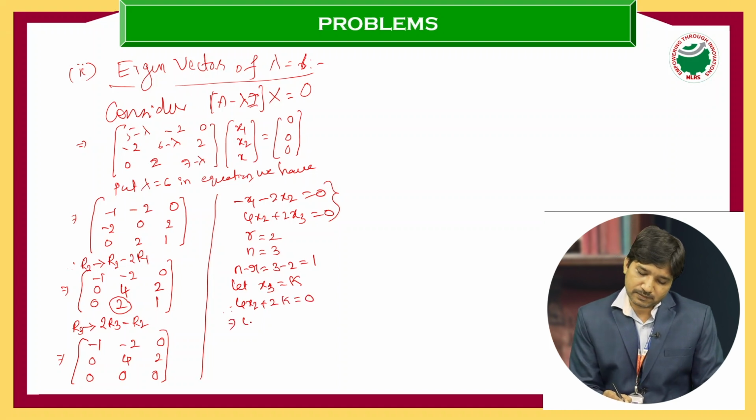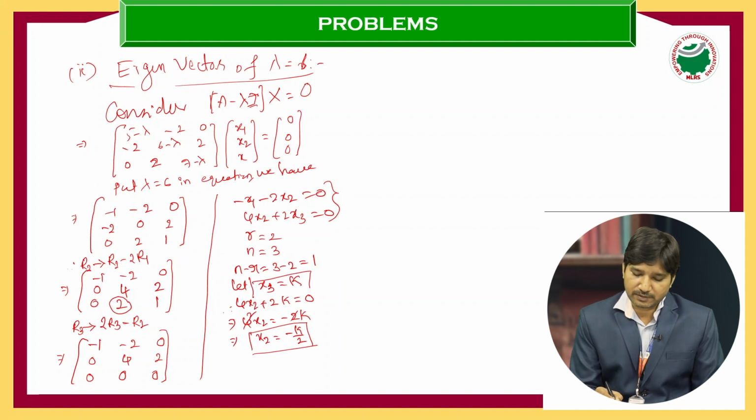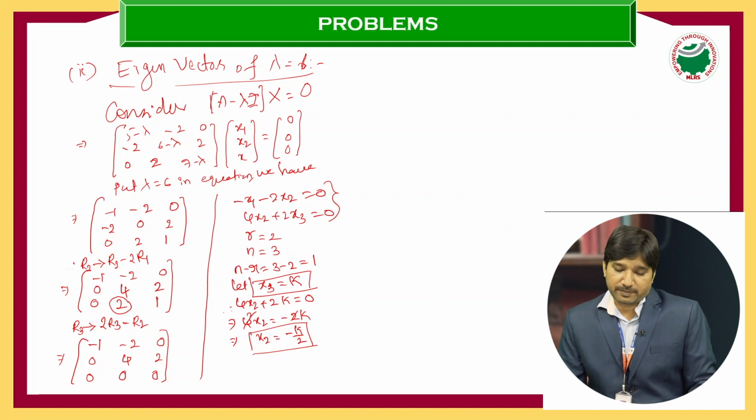That implies 4x2 equal to minus 2k. That is simply x2 equal to minus k by 2. Let us assume x3 equal to k is the linearly independent solution.